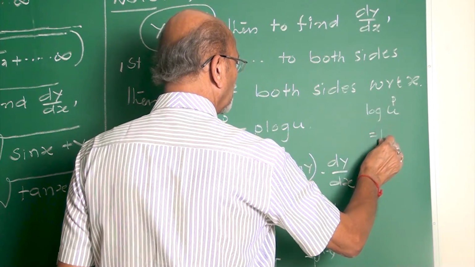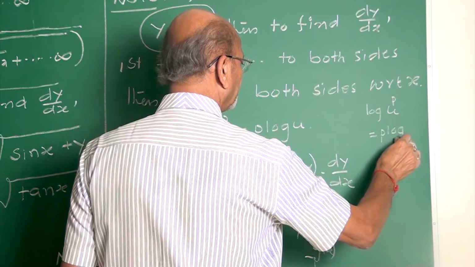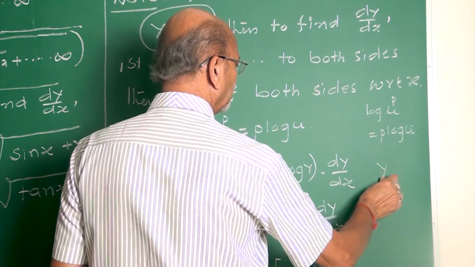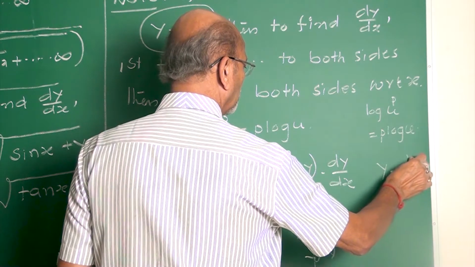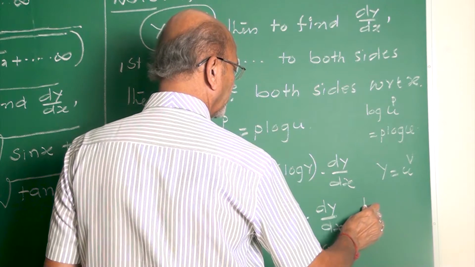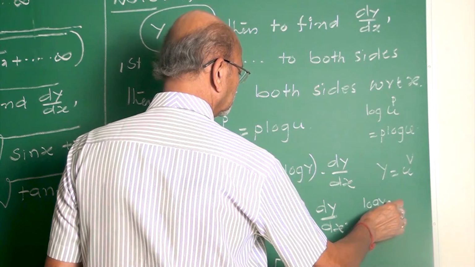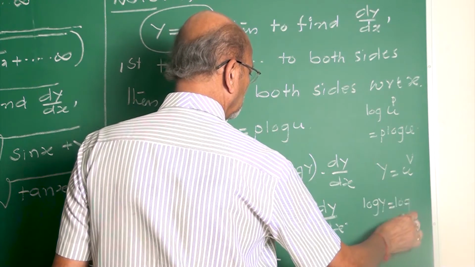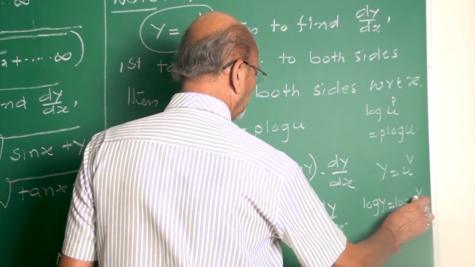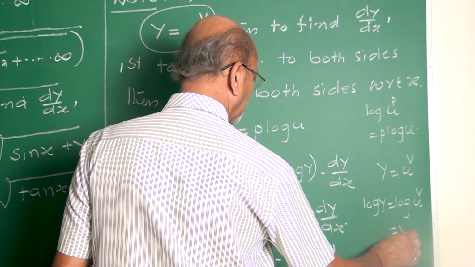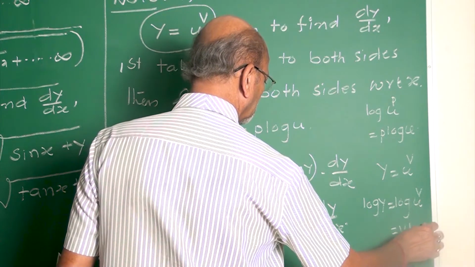This power comes out, p log u. Now what is this, my friend? y equal to u to the power p. log y is log u to the power p. What is the power p? Power into log of the base.